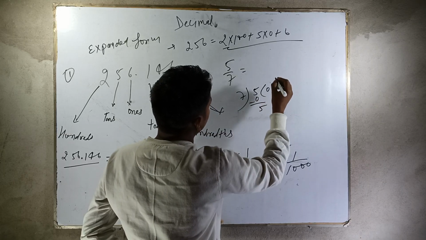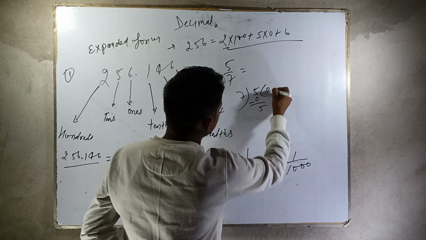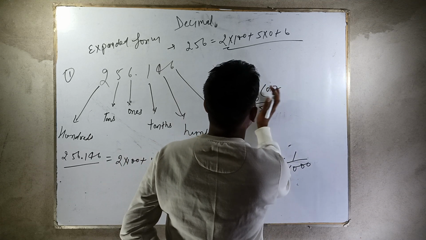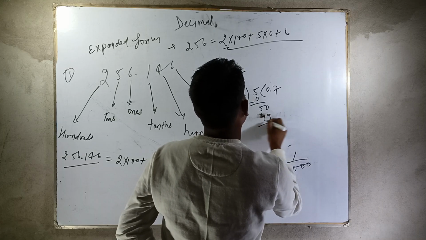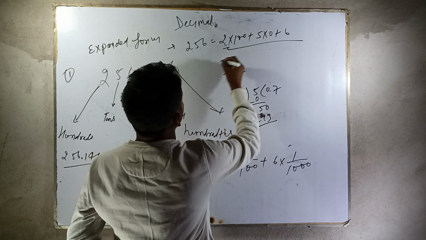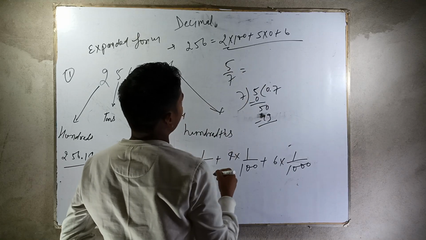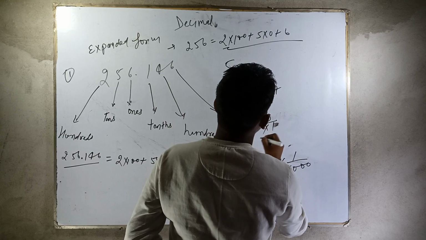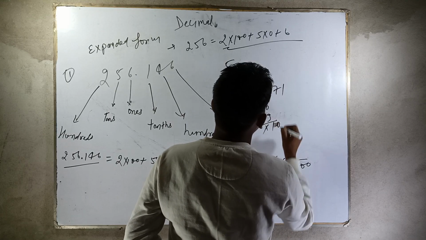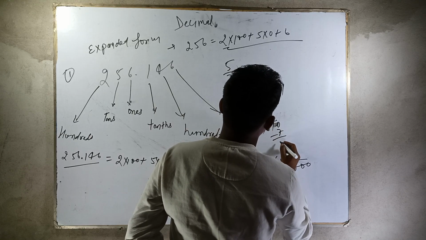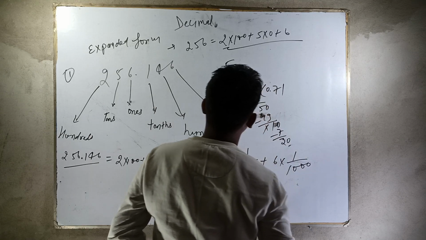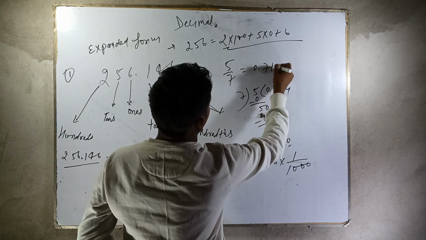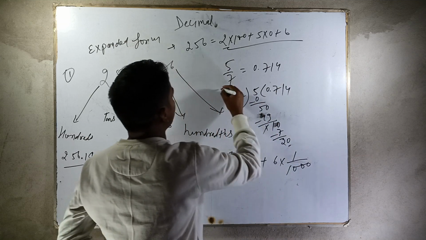Now it is 5 point, and if I put the point, this one is 49. Then the next is 1.714, an approximate value, in this form.